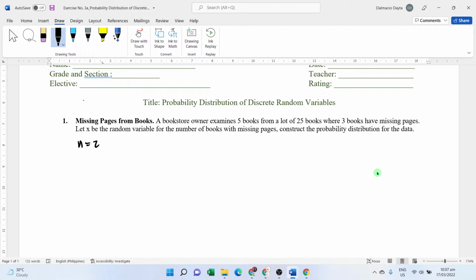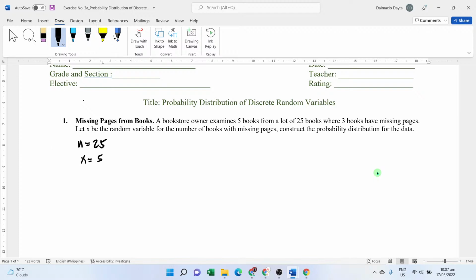And then from the 25 books, 5 will be examined. Okay, so we have x is equal to 5. No?